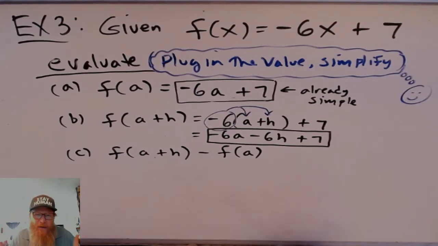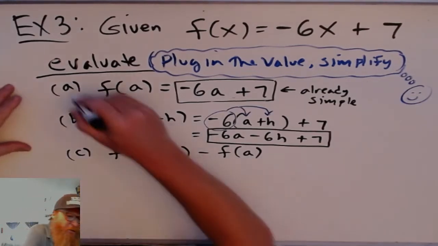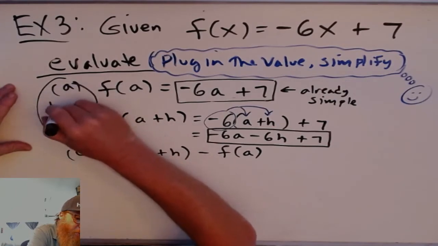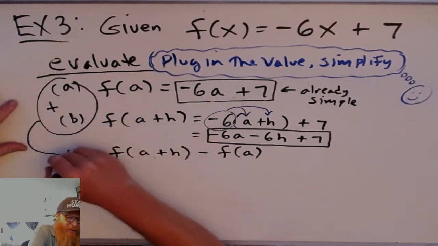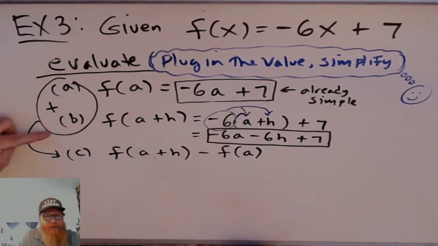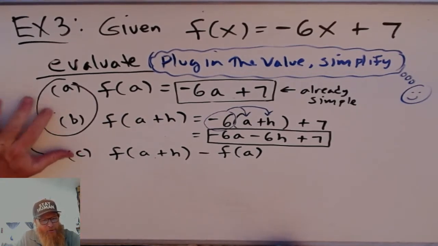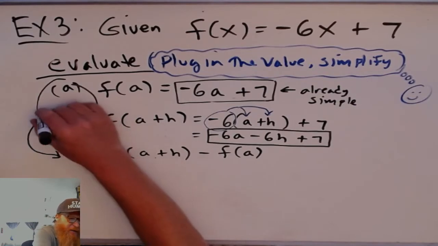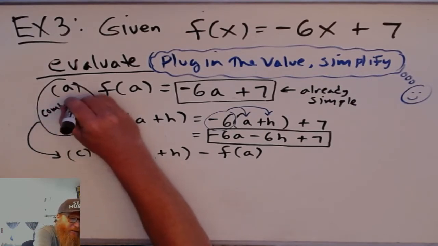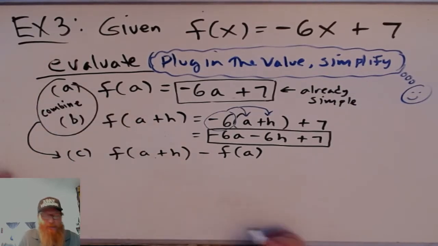Now the cool thing about this problem is once you've done part A and part B, you can combine them together to get part C. Although I probably shouldn't use a plus sign. I should probably just write the word combine.